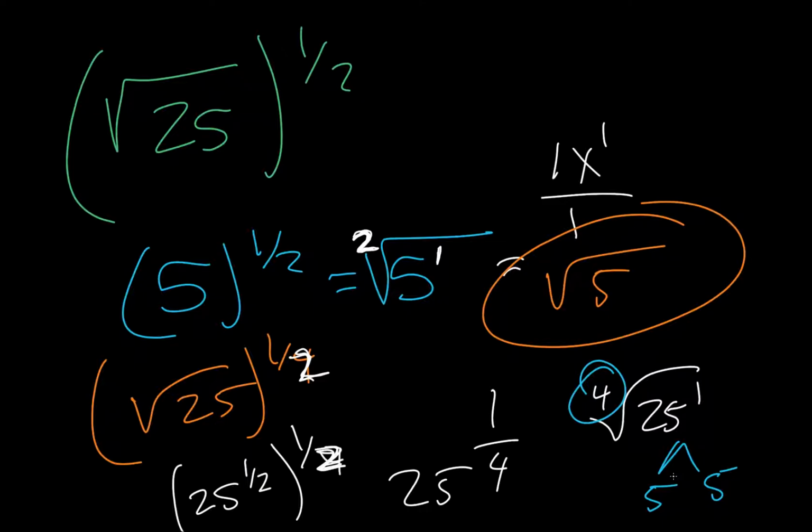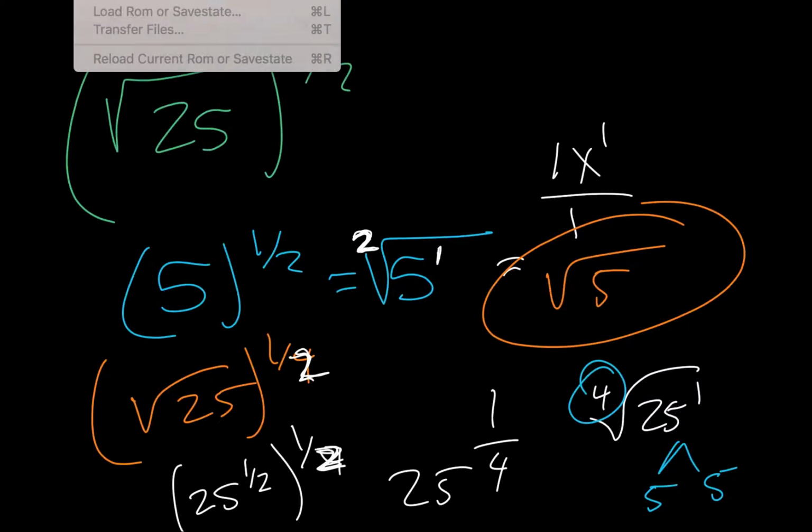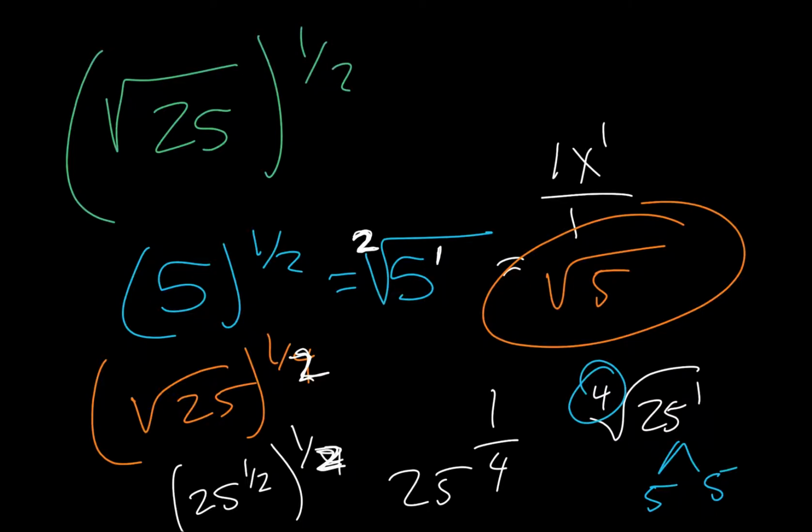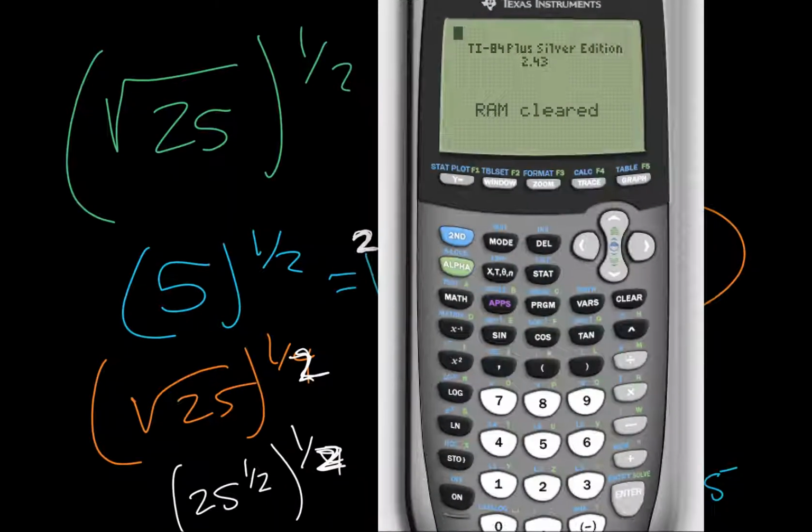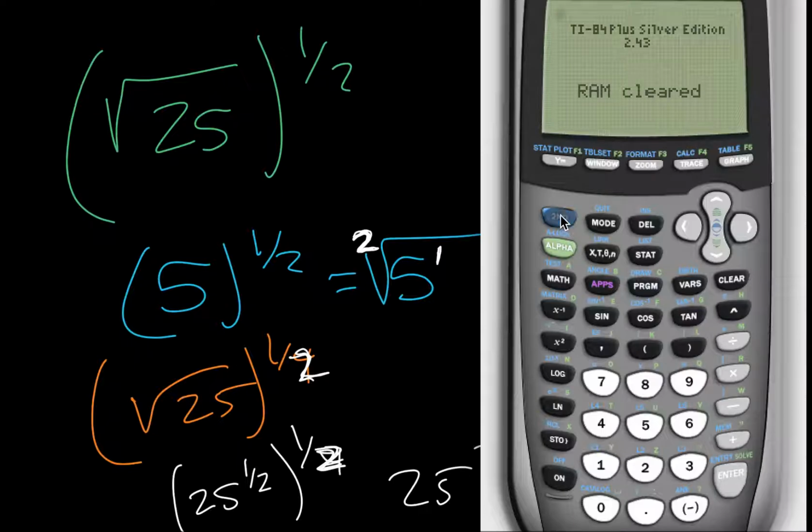Now, if we go to a calculator, I'll show you. We do the square root of 5. We get that.